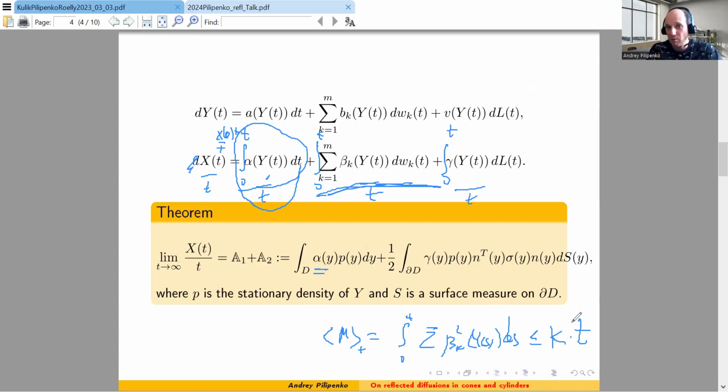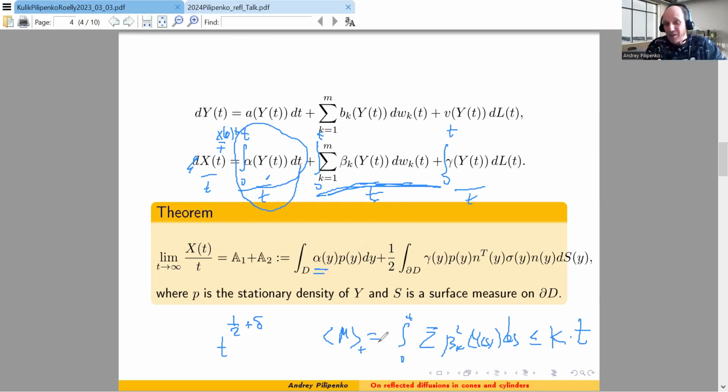And it's well known that the behavior of M of t is less than t. Moreover, it's less than t raised to the power 1/2 plus delta for any delta greater than 0.